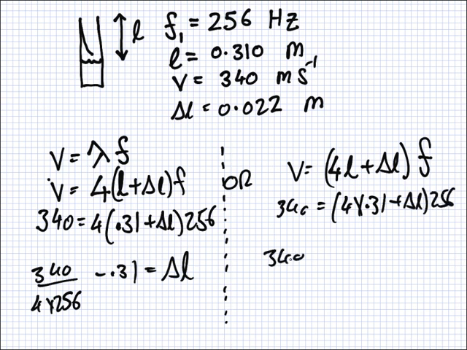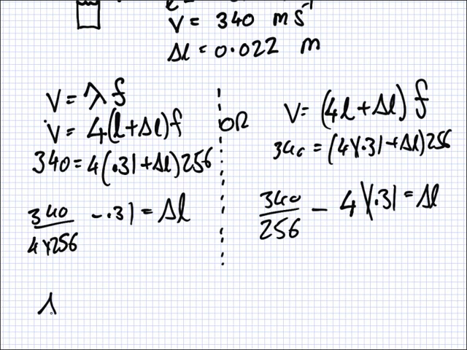So 340 over 256 minus 4 times 0.31 equals delta L. So here delta L equals, and here delta L equals. The first one is 0.022. And the second one?